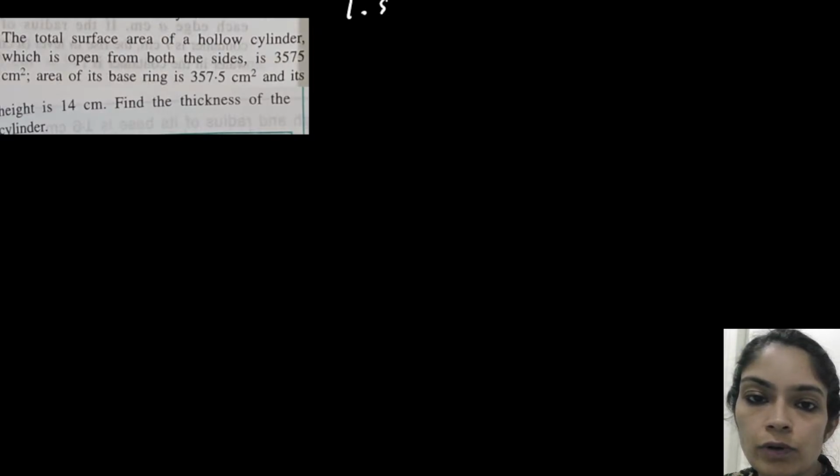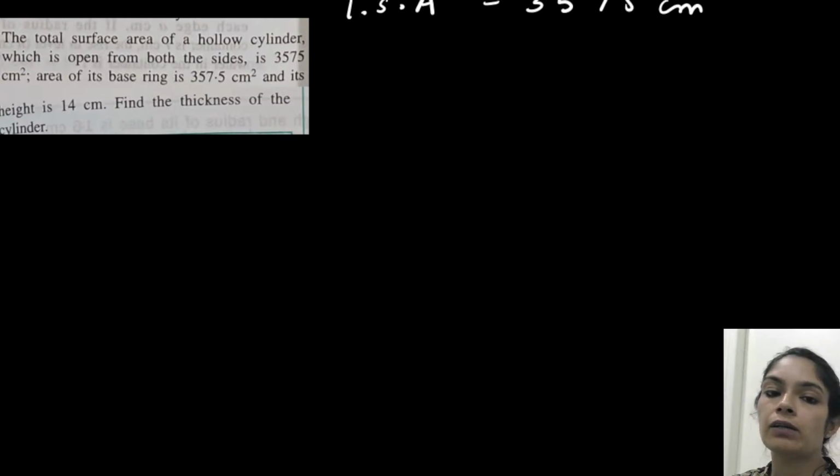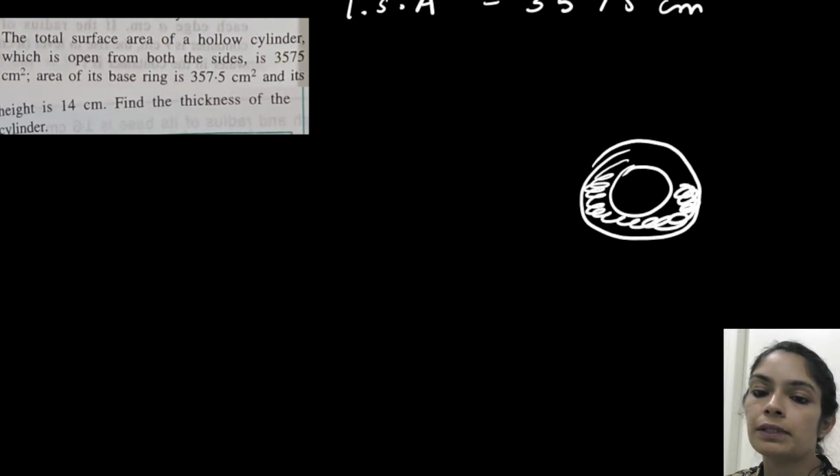Total surface area of the hollow cylinder is given to us: 3575 centimeter square. Area of the base ring means the area of one of the rings. The top and bottom of the hollow cylinder will look like this, with some thickness.